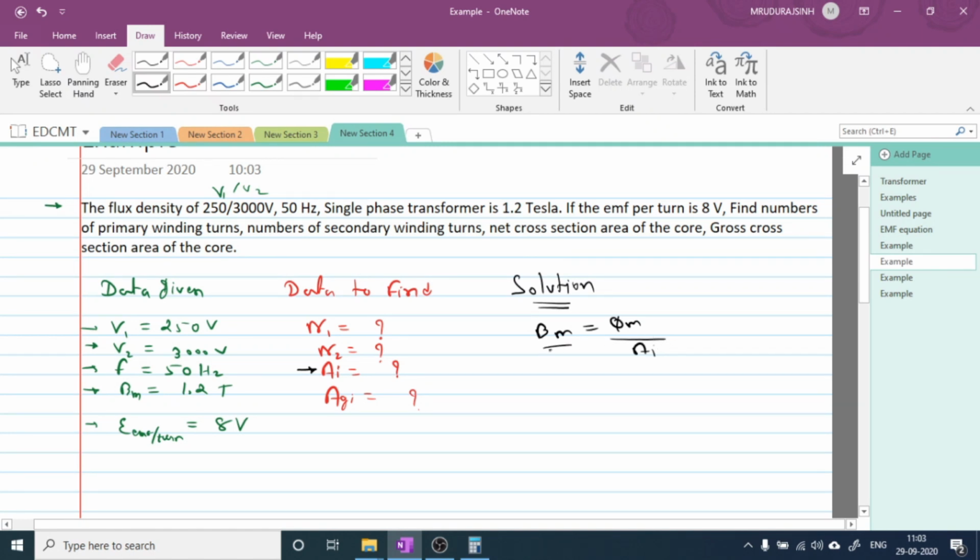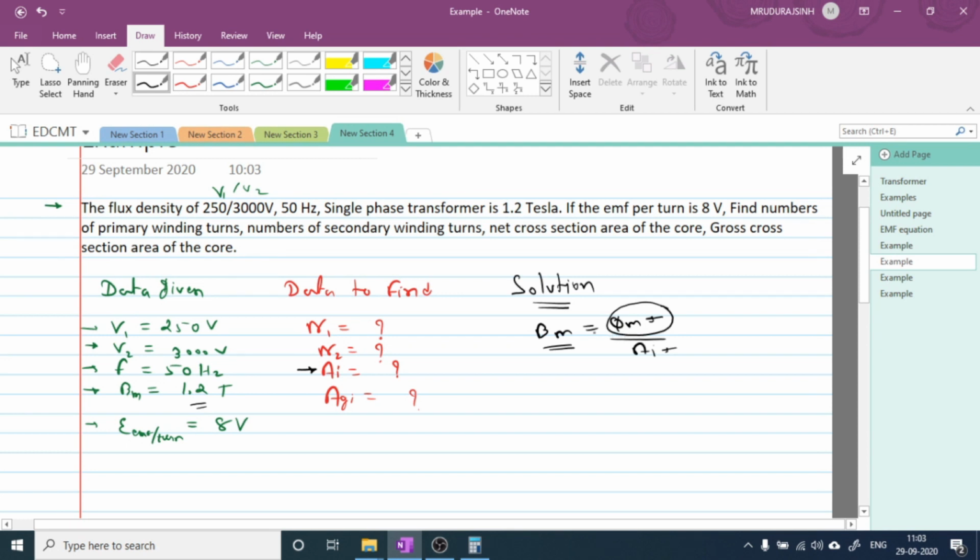So flux density Bm, that is given 1.2 Tesla, but phi m, that is not given. If we have this value of phi m, then we can find Ai very easily, right? So what is our first task? Now our first task is to find phi m.